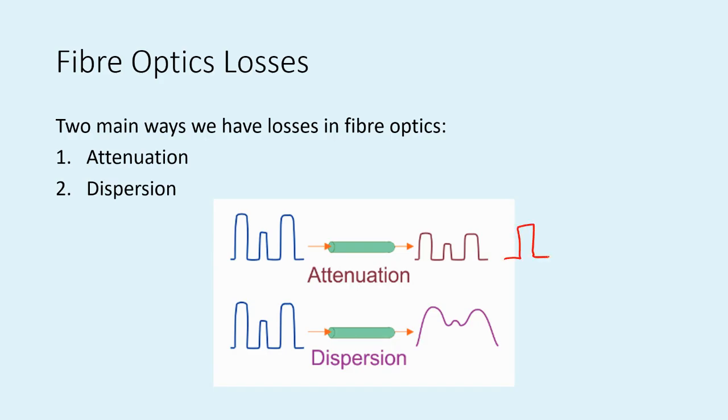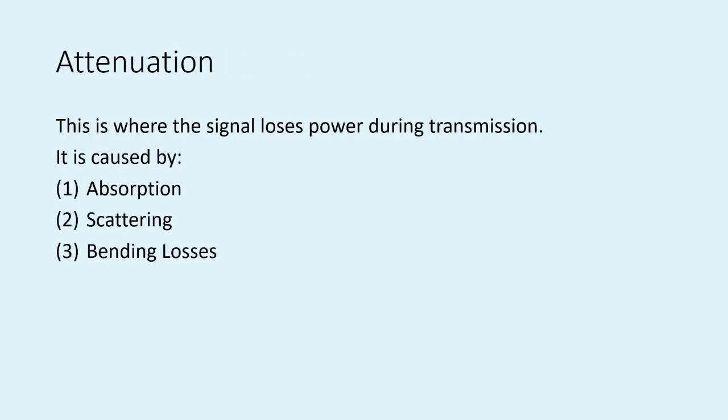So, something strong like this may end up something more like this, and it's very difficult to tell. So that's attenuation. Dispersion is where our signal spreads out. Now, this is a particular problem for fibre optics because we have light and light can get smeared out. So let's look in a bit more detail at both of these.